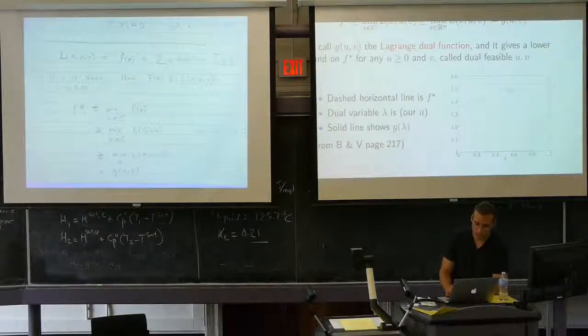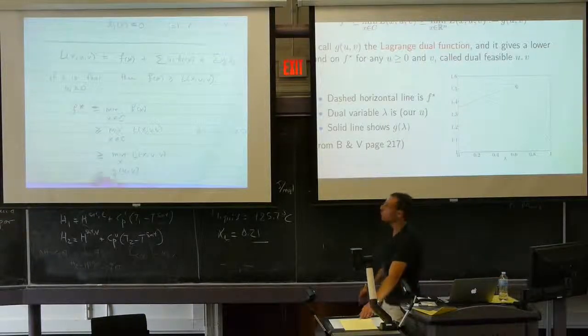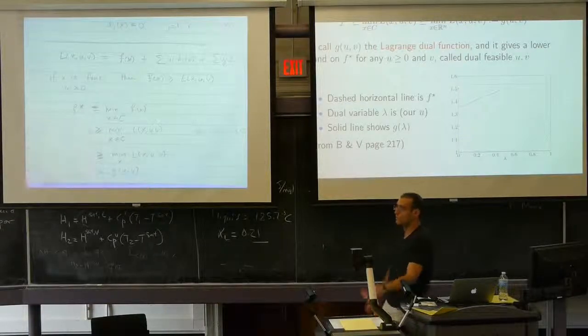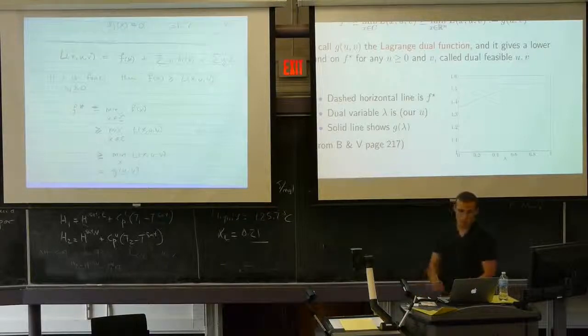This is f star. And this is now g of just one variable. It's just g of u, because I didn't have an equality constraint, so I had no v. And you can see that for any value of u, here it's called lambda in the plot, that's non-negative, this function lies below f star. That's just this relationship. g of u, v is always less than or equal to f star for all points u that are bigger than or equal to 0.